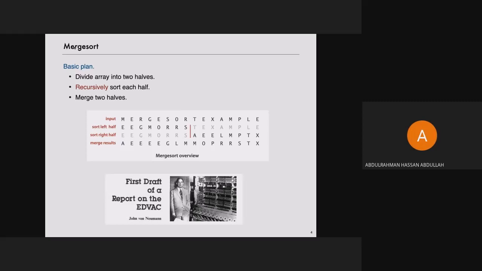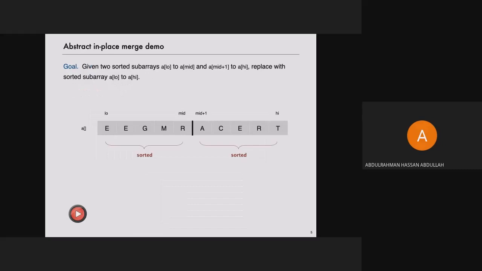Sorry? There's something not clear. Can you go to the previous slide? This is the first slide, that's the next one, the one I showed you. Yes. We didn't sort R and T. Since the left side is done, we just pushed it. Very good point.